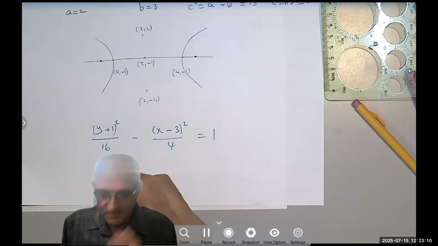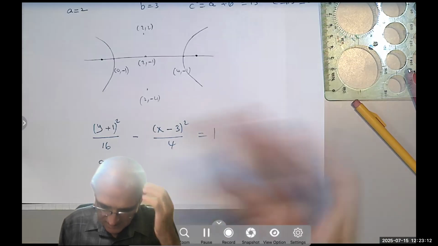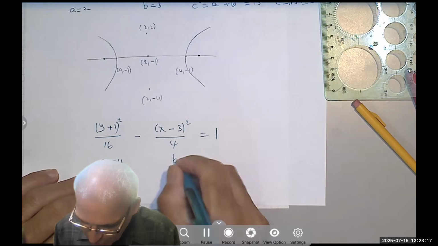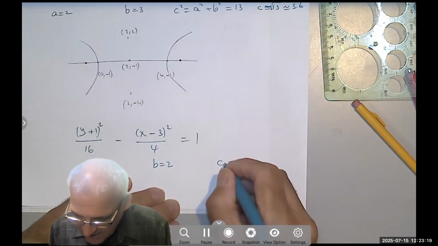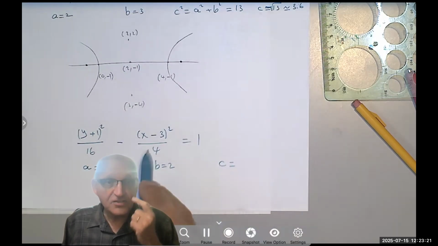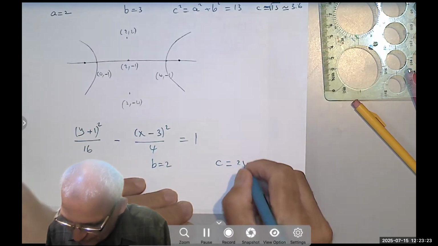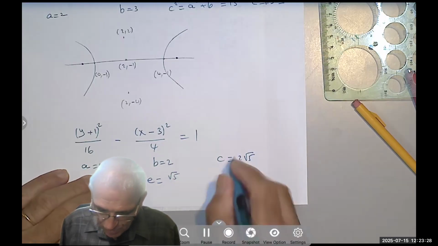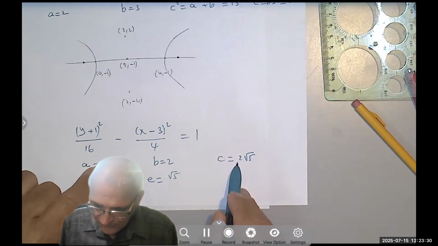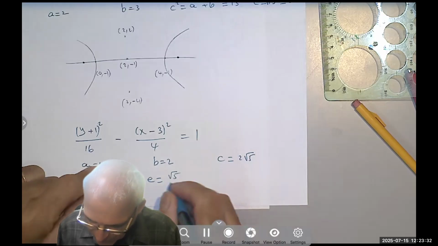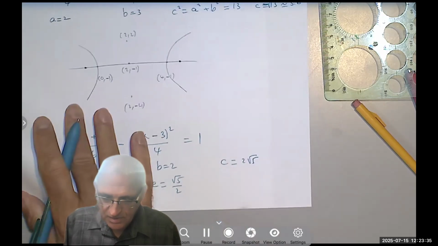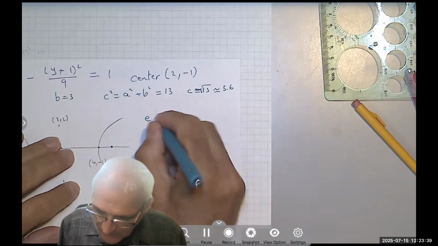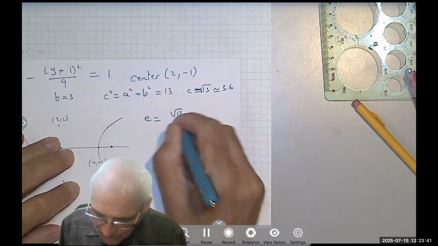So it's not like in the ellipse or whatever. No, that's the positive. A is 4, B is 2, and C would be the square root of 20 or 2 root 5. So the eccentricity is C over A. 2 root 5 over 4 is root 5 over 2. Like we said here, the eccentricity was root 13 over 2.